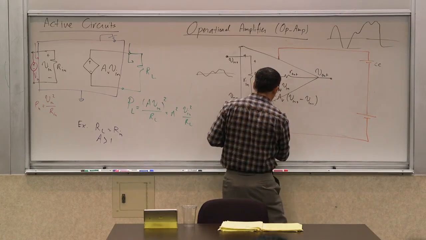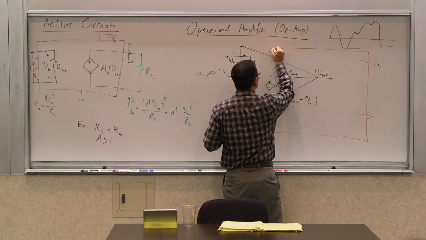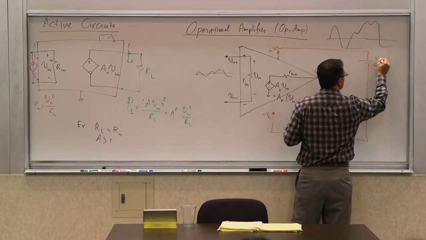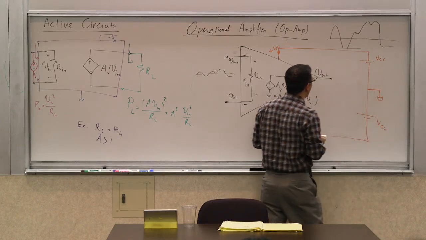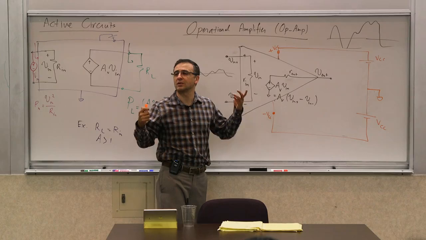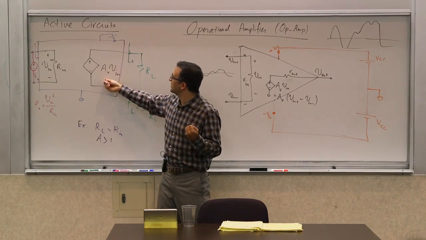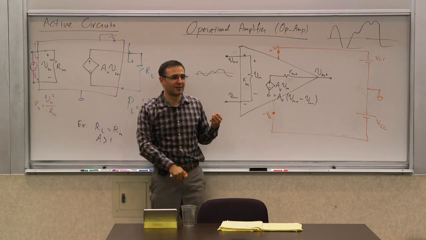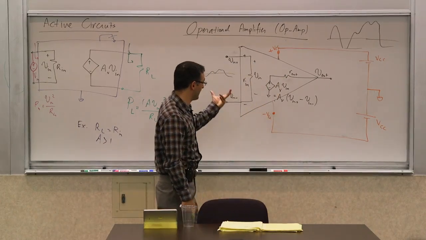What I should have done to begin with. And I won't show the orange stuff because a lot of times we don't show it. It's implicit when we draw this box. But I wanted to let you know that it really is there.